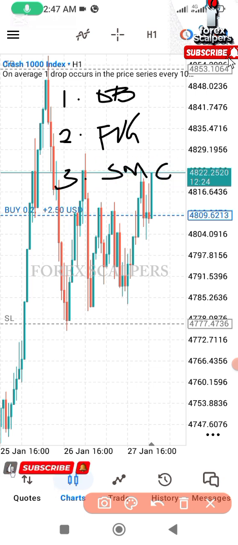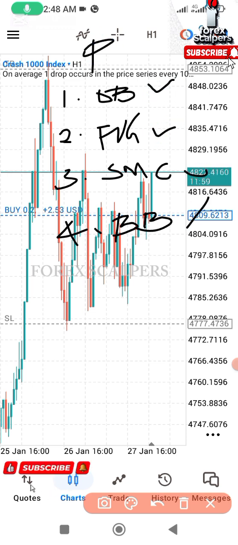It's our point of interest. Number 4, we will trade the breaker block as our point of interest. So we have the order block, fair value gap, smart money cube, and the breaker block. So these 4 points are what we call our POI.